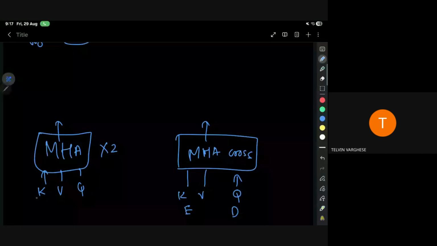Is there any difference between these two in terms of architecture? Key and value are coming from encoder, and query is coming from decoder. That is self attention.